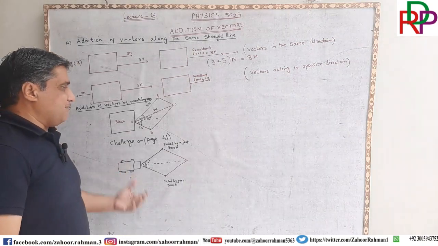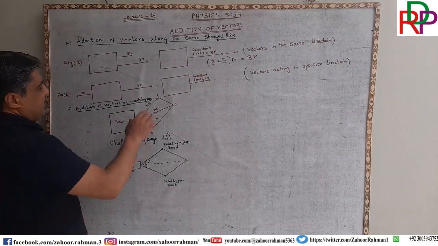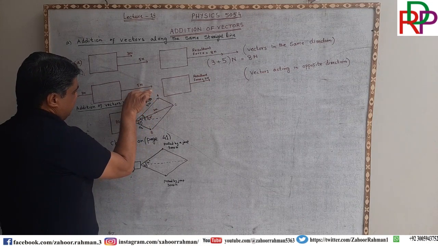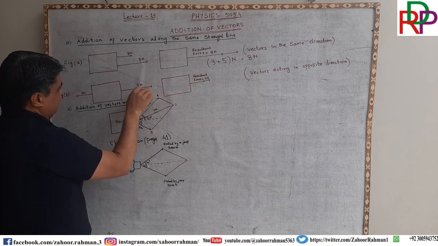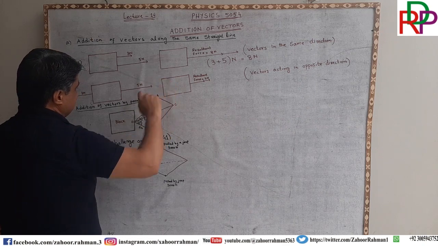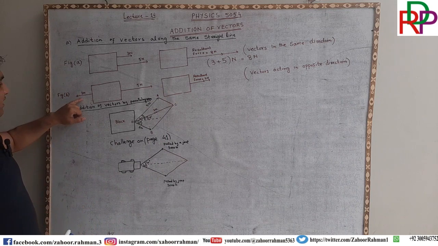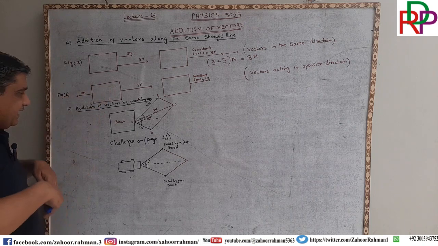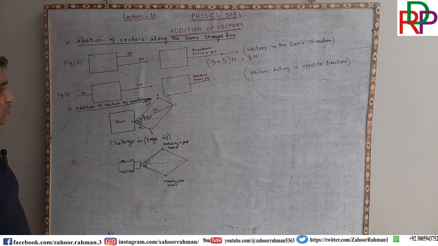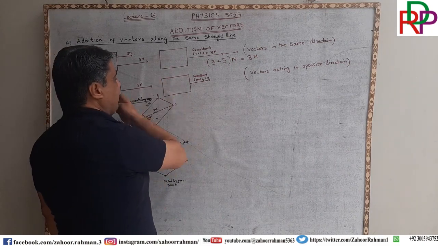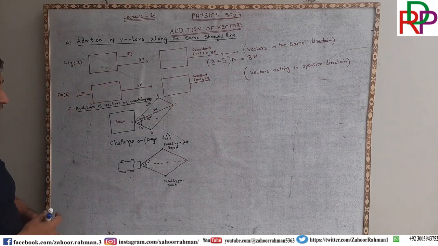Now it is a common observation, if a stronger person is applying a force of 5 Newton on this side, and a weaker person is applying a 3 Newton force on the other side of the same block at the same time, then you will observe that this block will move towards the direction in which the greater force is applied.